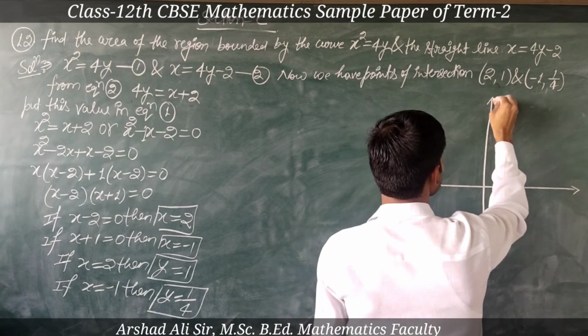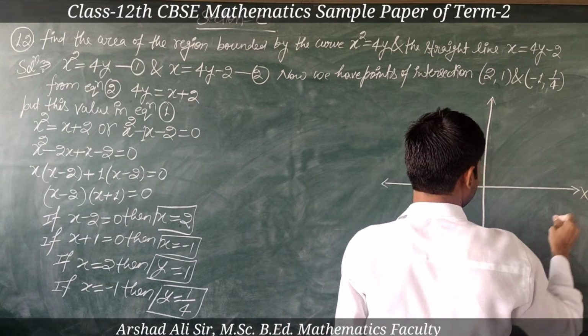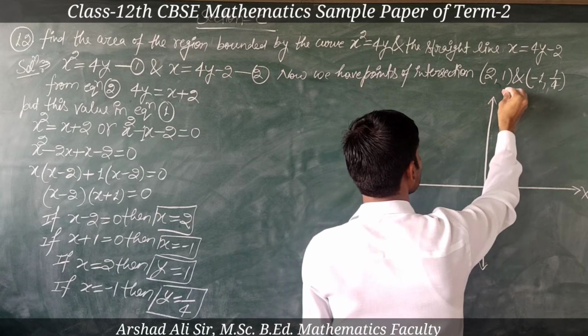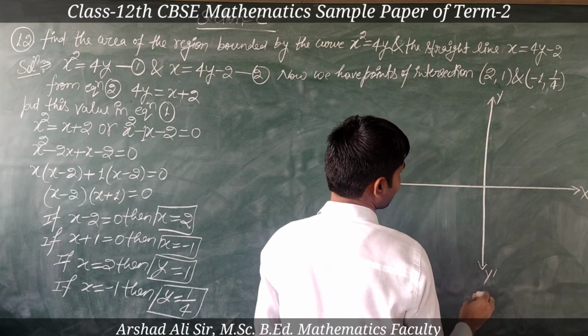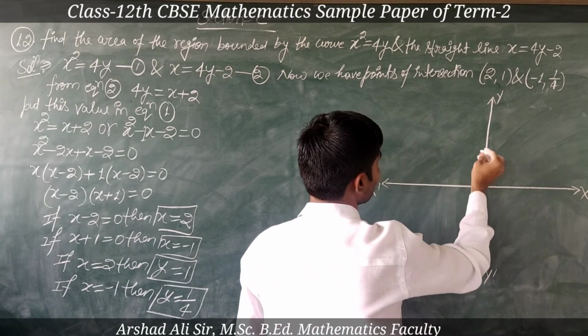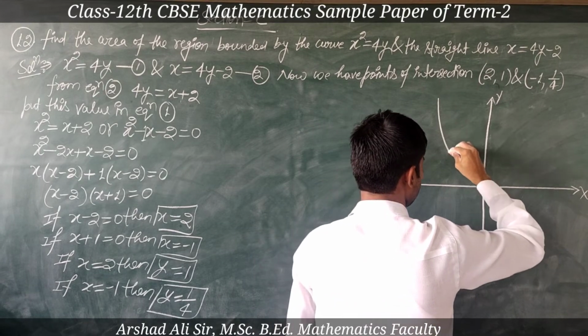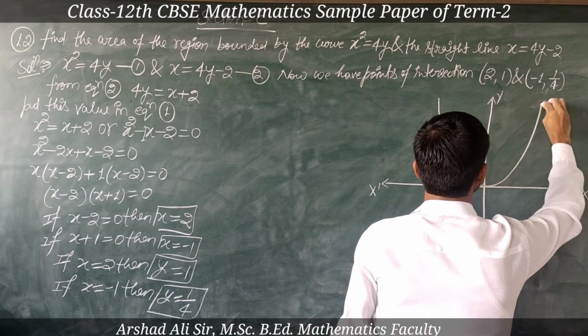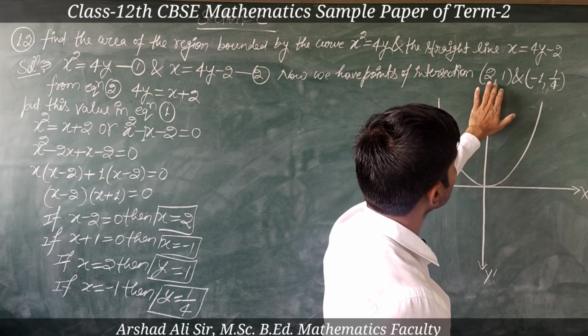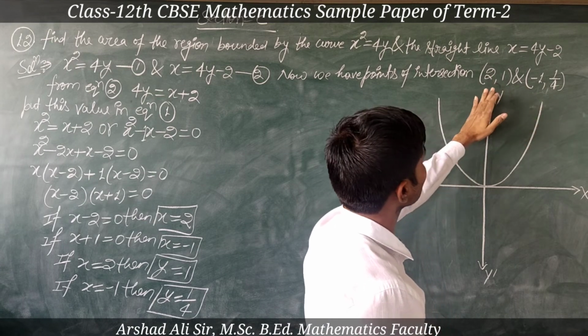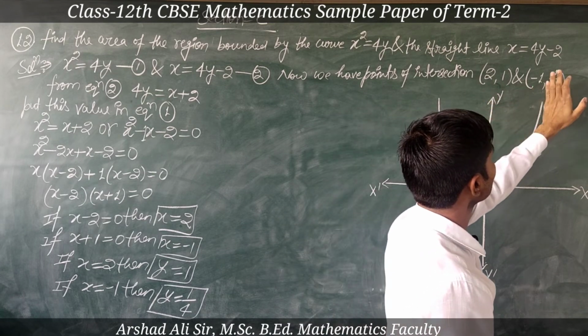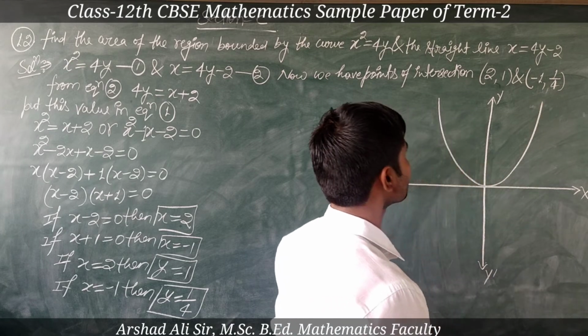It's our Cartesian plane, x, x dash, y, y dash. Okay, so the parabola will be in the positive direction of the y axis. We have this point of intersection. 2, 1 will be in the first quadrant and -1, 1 upon 4 will be in the second quadrant.